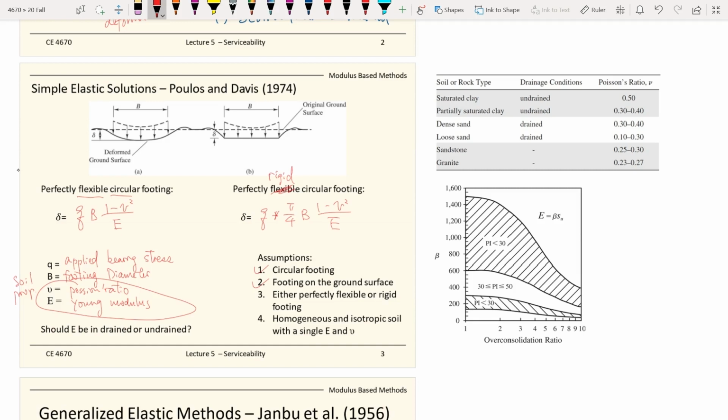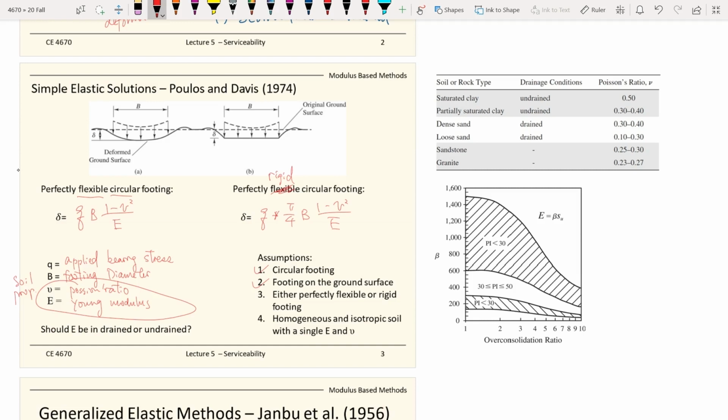There's no excavations. Unlike many cases, where the footings will go into a certain depth in the soil, but this simple elastic solution cannot handle that. So this theoretical method is great, but you need to understand the shortcomings.